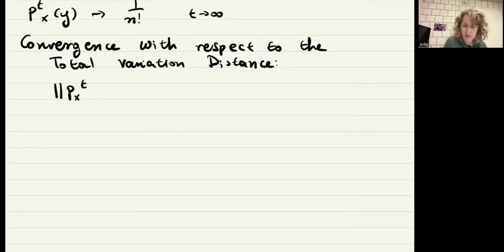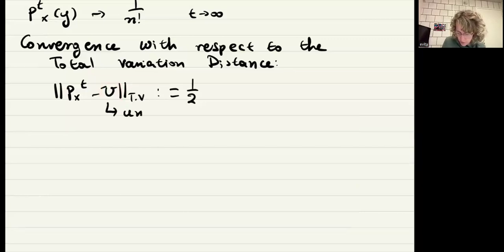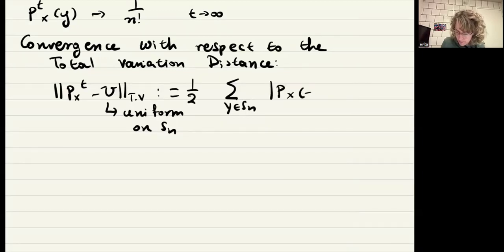Bear with me a few more definitions, but I think that they will be useful both for my talk and Dominic's talk. So just a small setup. The distance between the X row of the transition matrix to the power of T and the uniform distribution, so this is the notation for the uniform measure on Sn, is just 1/2 their L1 distance.